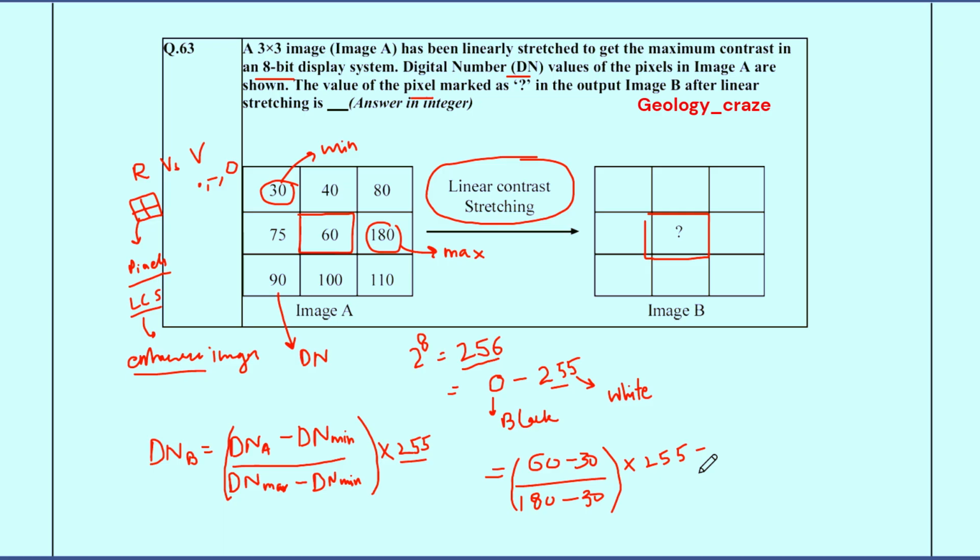We get 30 by 150 into 255. That works out to 51. So our answer is 51.